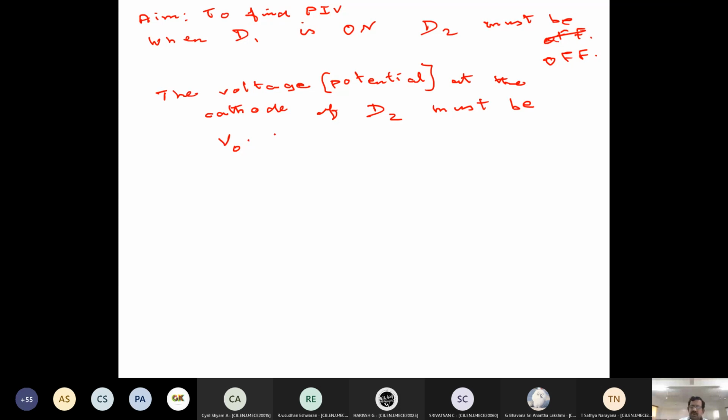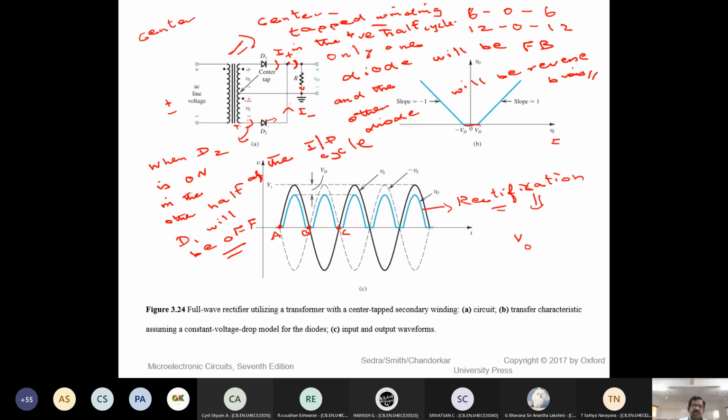Now what about this terminal? What about the anode of D2? We need to understand this potential drop across D2. This is the source, so this will have Vs, voltage source.